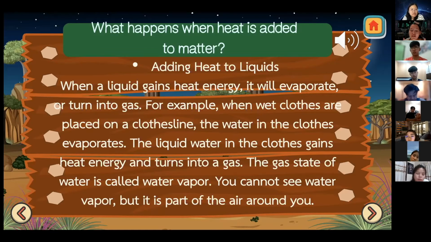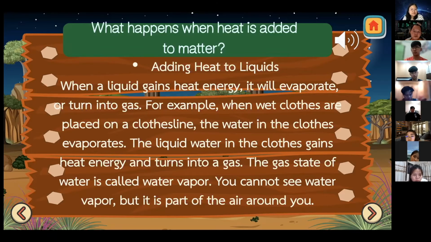The liquid water in the clothes gains heat energy and turns into gas. The gas state of water is called water vapor. You cannot see water vapor, but it is part of the air around you.